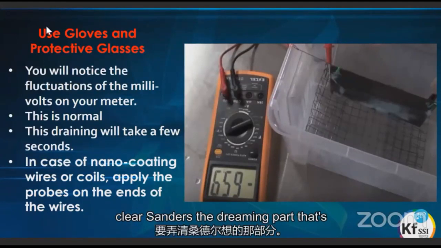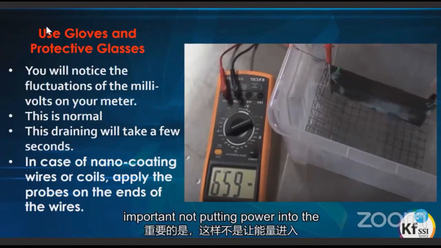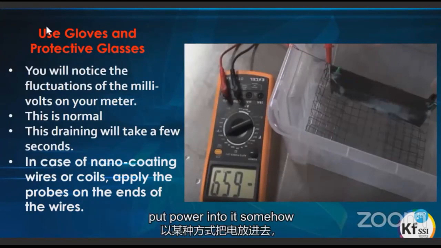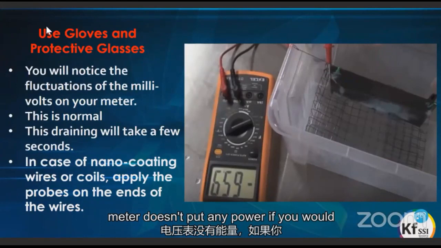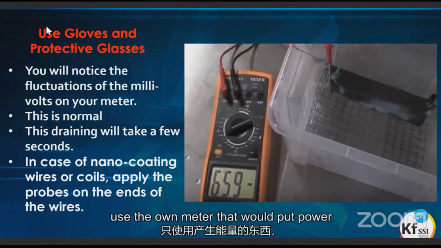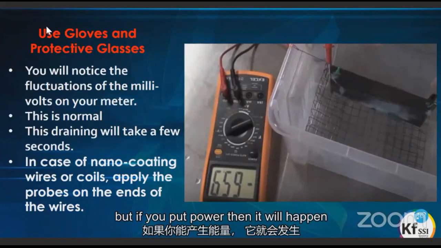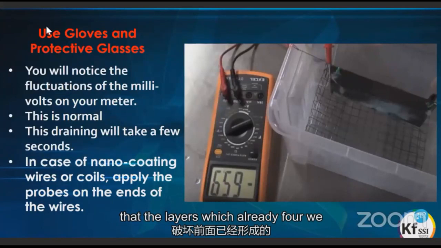And to be clear, Shandor, the draining part, that's important, not putting power into the plate. Some people think they have to put power into it somehow. But the voltmeter doesn't put any power. If you would use the ohm meter, that would put power, but if you put power, then the layers which are already formed will just pop out.